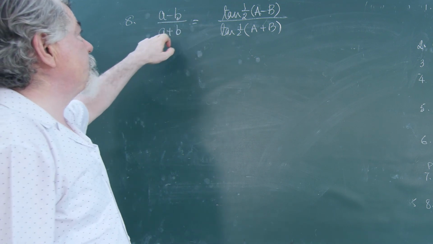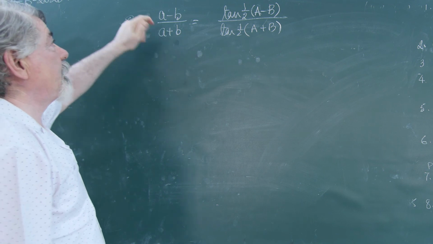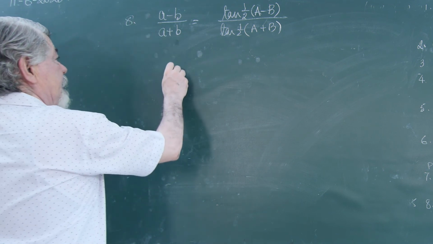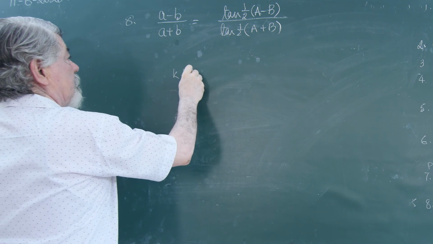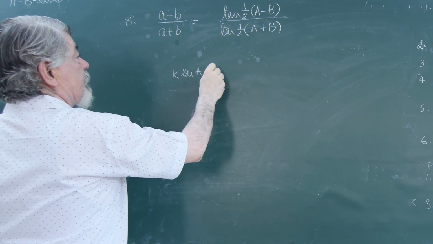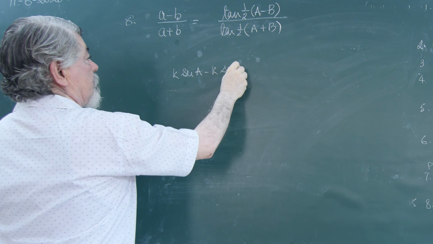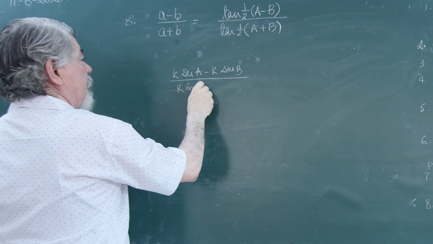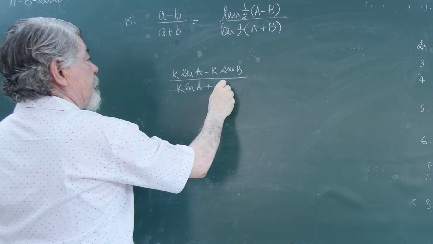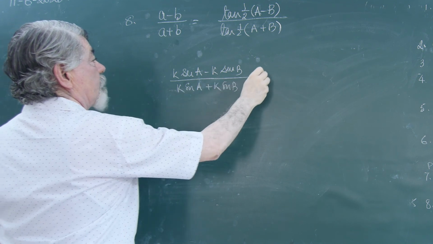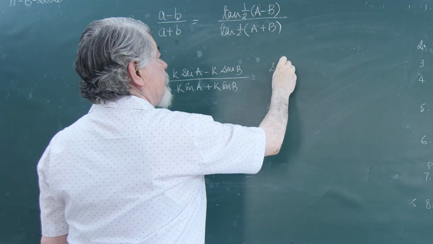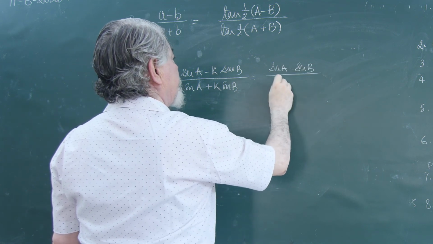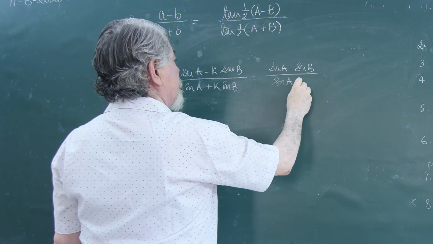Now a minus b upon a plus b, again I am going to convert them to the same form: a will be K sin A, minus K sin B, upon K sin A plus K sin B. So it will become sin A minus sin B upon sin A plus sin B.